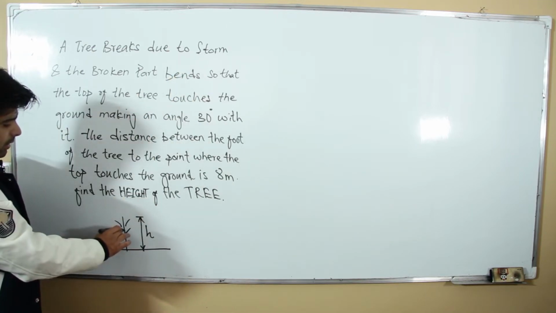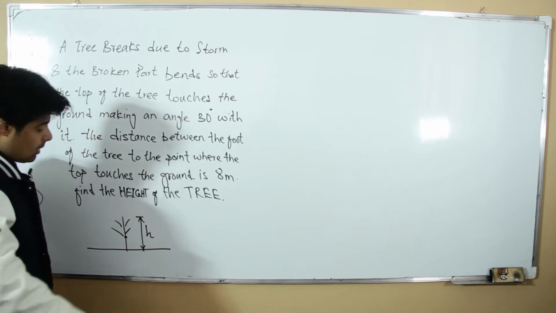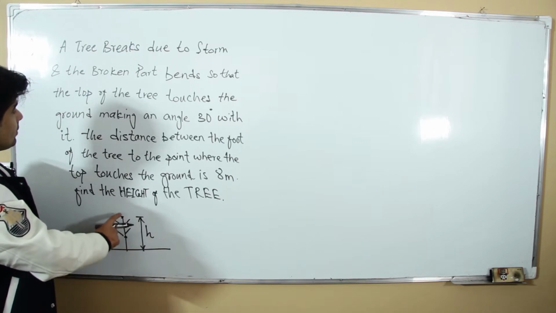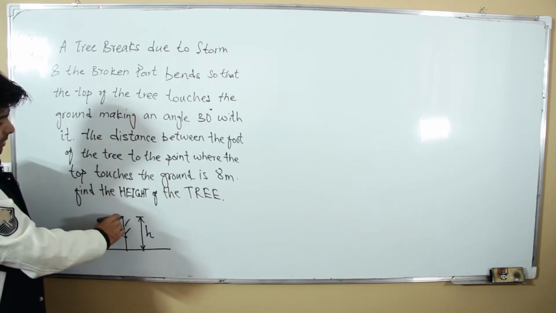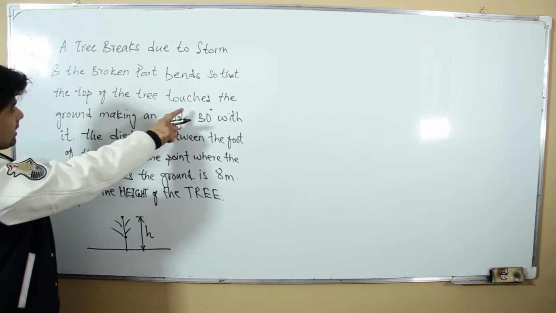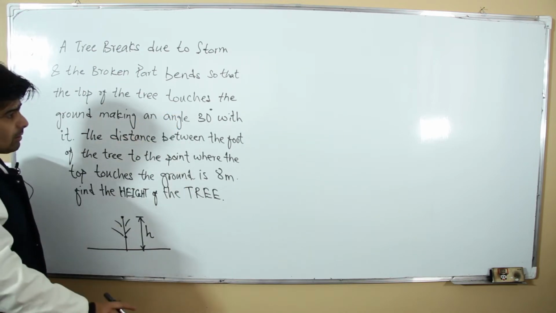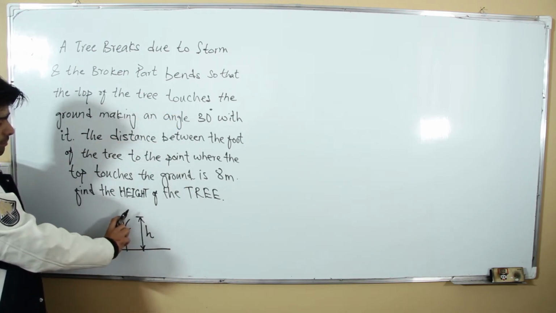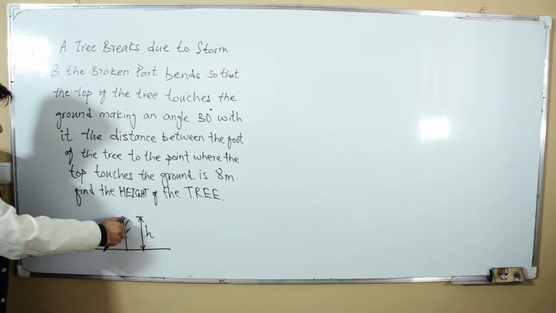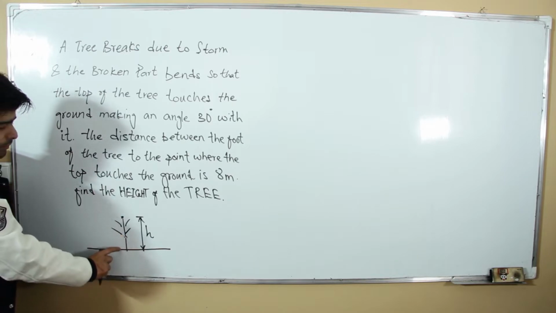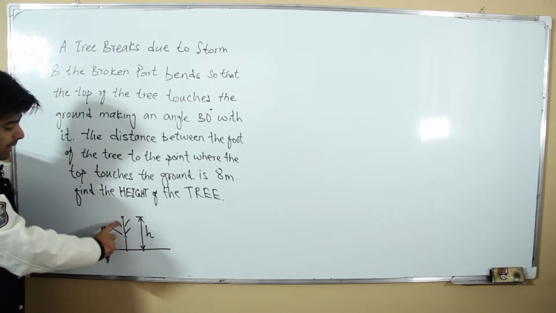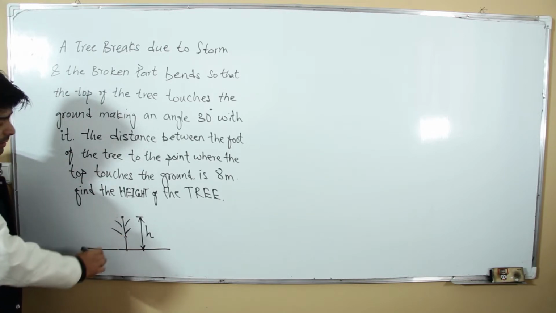For example, it broke this part, and this top of the tree touches the ground, making an angle of 30 degrees. This one bends to the floor, and it makes 30 degrees.